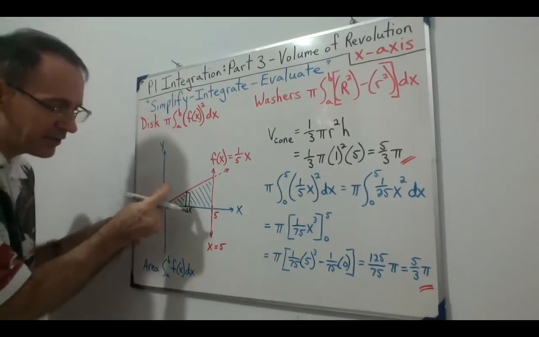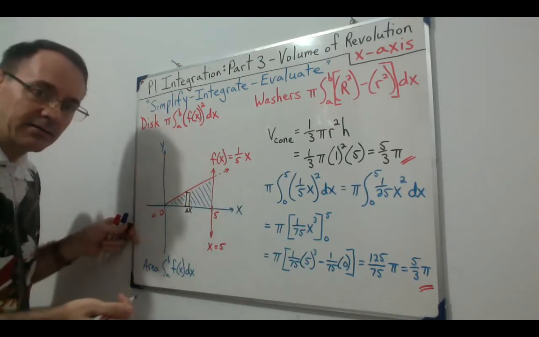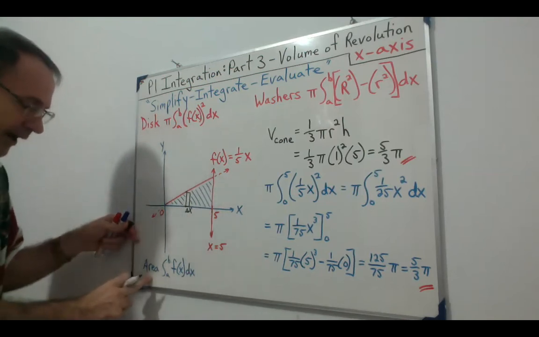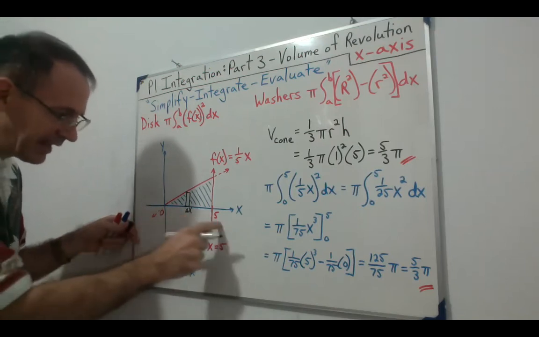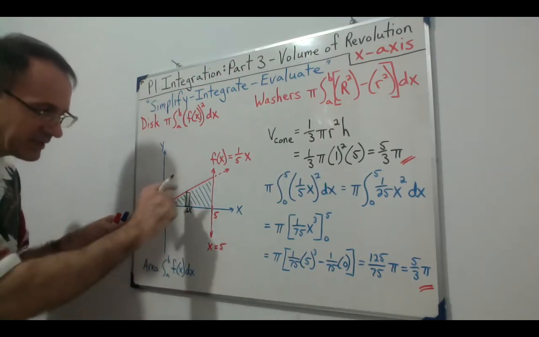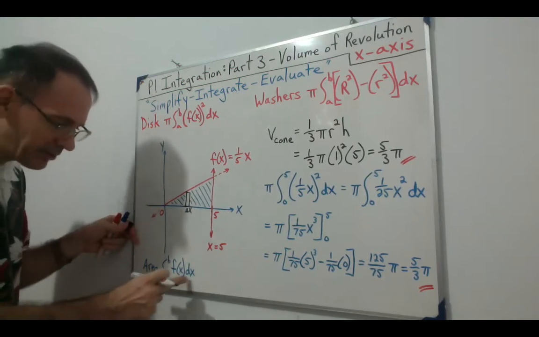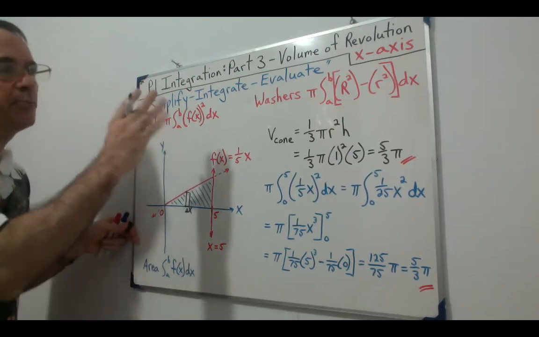And the smaller the slice, the more accurate our approximation will be. So the formula for area then is the integral from the boundaries a to b, and the f of x is the height, and the delta x is the width, and height times width gives you area. So that's what we did in part 2.